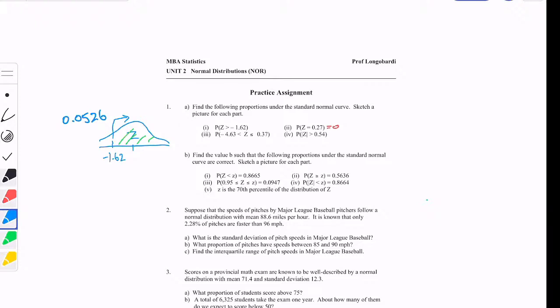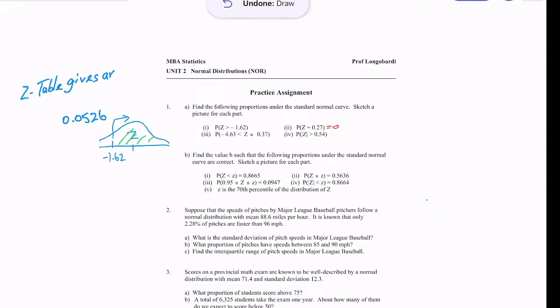Notice I don't put an area here, I'm just trying to avoid confusing you, but the table gives values. Area to the left and under the curve. So that's the chance of an observation being further or lower than 1.62 standard deviations below the mean. And you cannot see that again.